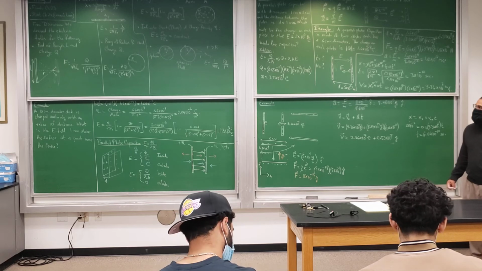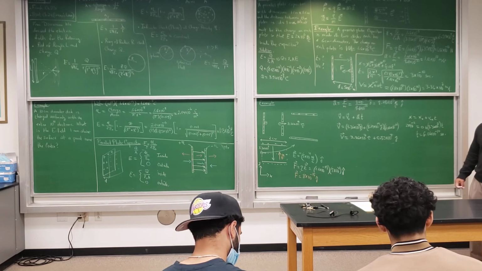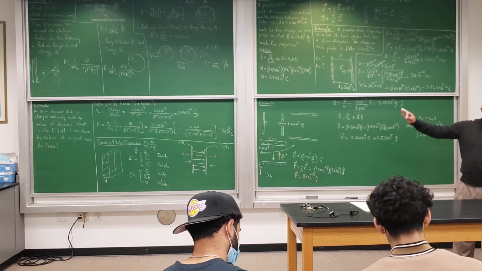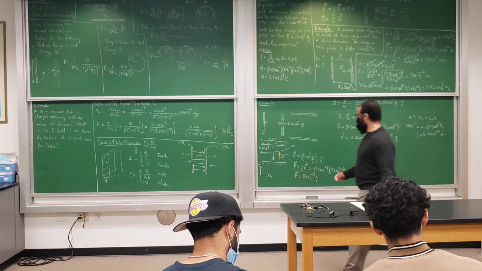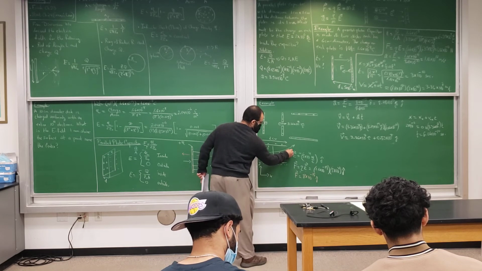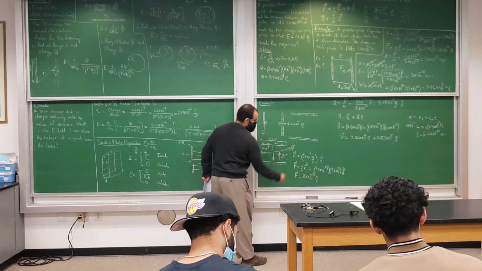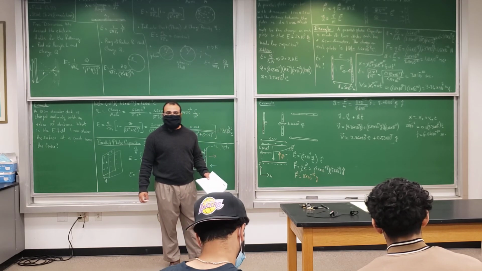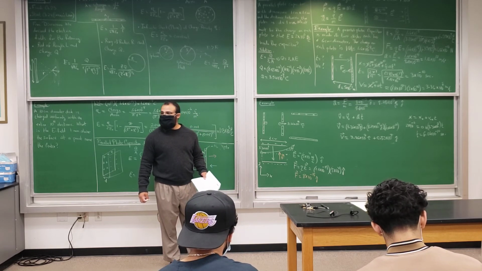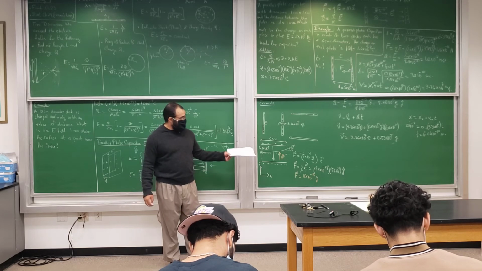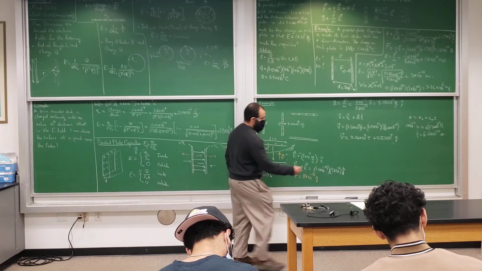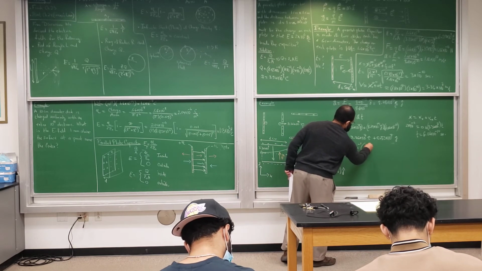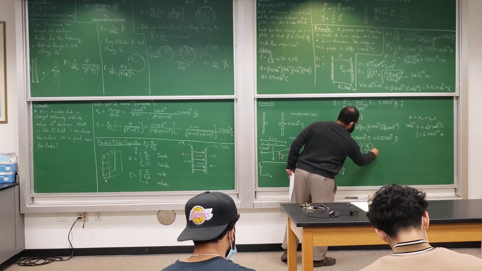And the ultimate question is, what is the angle when it's deflecting? At what angle is it moving? So what is this angle, theta? It's the inverse tangent of the y component over the x component. So the angle is tangent inverse of the y component of velocity over the x component of velocity.